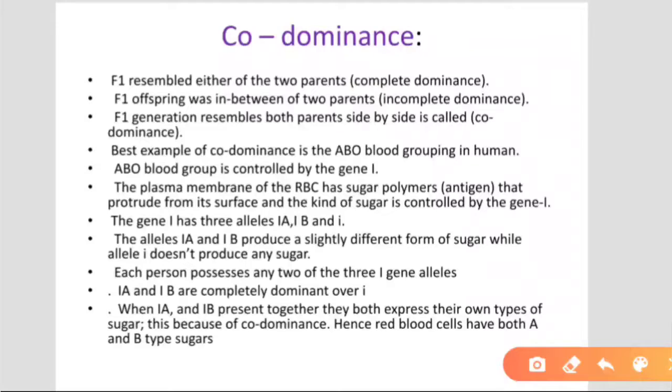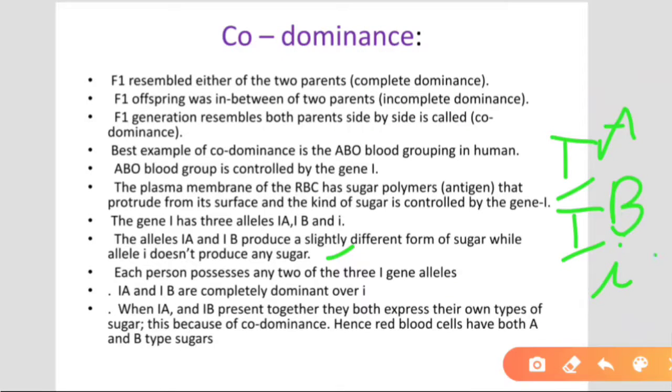The alleles capital IA and IB produce slightly different forms of sugar, while the allele small i does not produce any type of sugar. Is it clear?